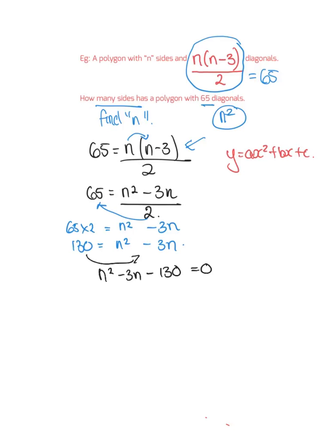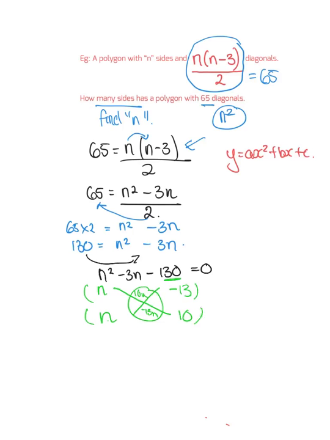Okay, so here we go, we've got a quadratic. We look for patterns, but that's not a squared number. So let's go with the cross method. Factors of n squared are n and n. Now factors of negative 130, and we want a negative in there, so how about negative 13 by 10. n times negative 13 is negative 13n, n times 10 is 10n, they add up, beauty. Here are the brackets.